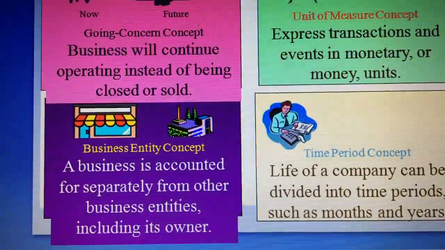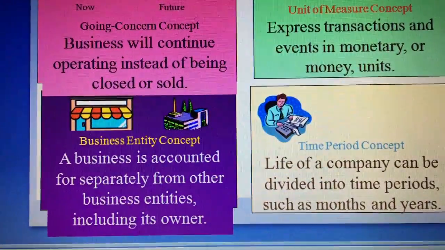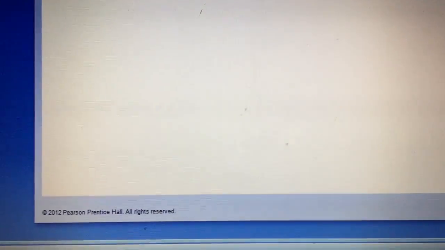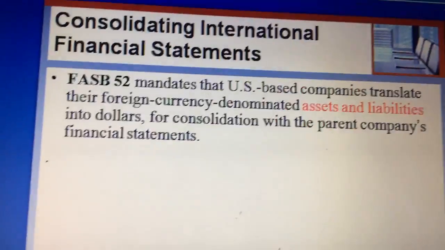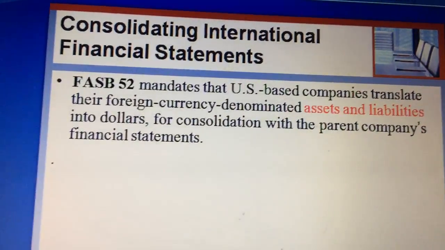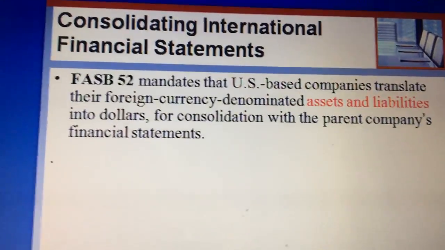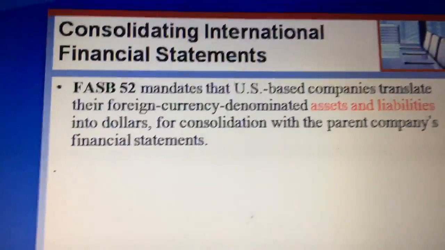Okay, and then another slide I want to mention to you. If you go down to the very last slide here, FASB 52, you need to know that FASB has to do with translating foreign currency amounts into our dollar. In other words, Apple has businesses over in other countries. We bring everything over.